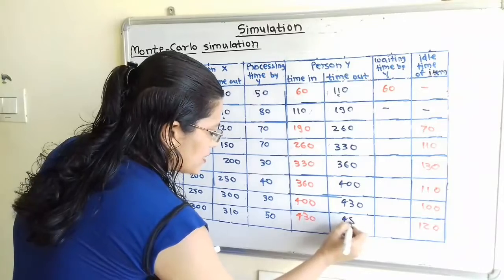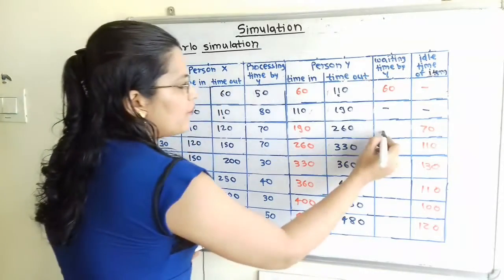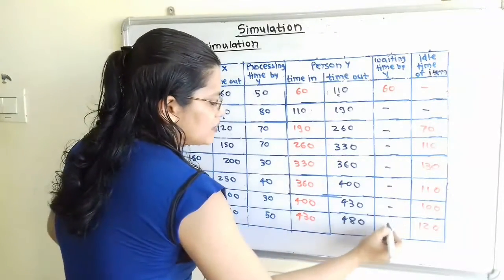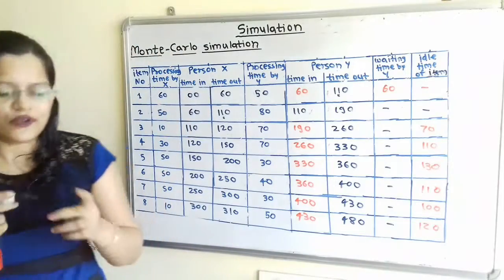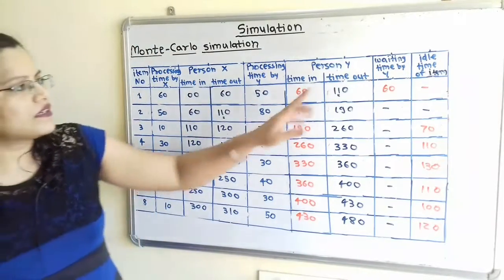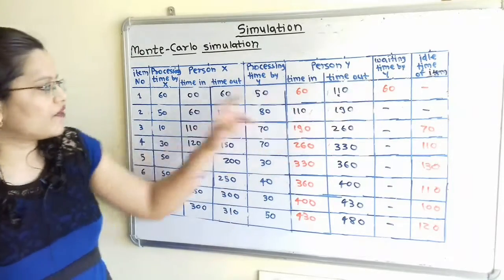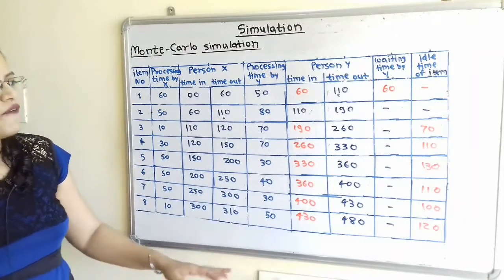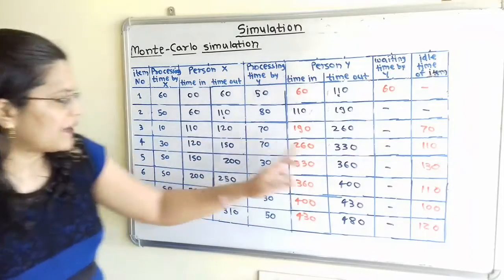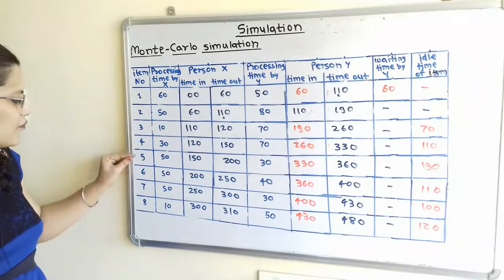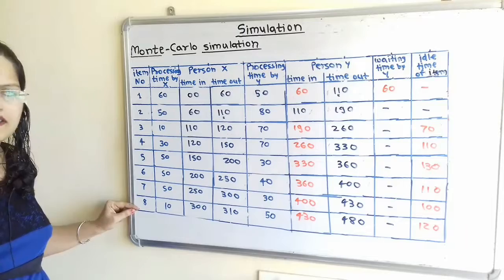That is 480 seconds. Now for the remaining we will write dash. From this table we come to know that the waiting time for person Y is 60 seconds for the first item only, and after that there is waiting time for item numbers 3, 4, 5, 6, 7 and 8.